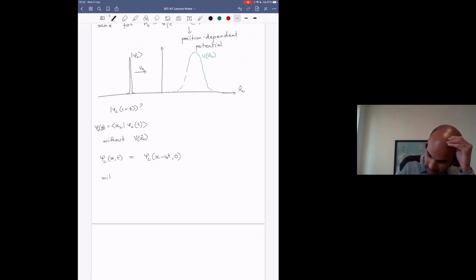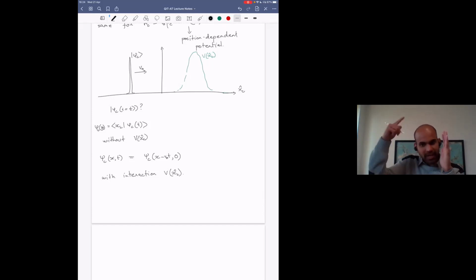But then with the interaction V of x_C, what we find is that as the clock moves through the potential, its speed does not change, but it adds a phase corresponding to the potential that it passes through.